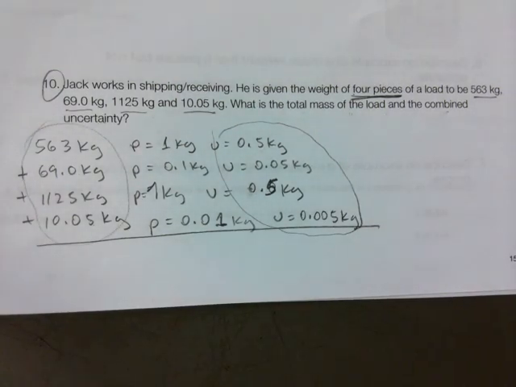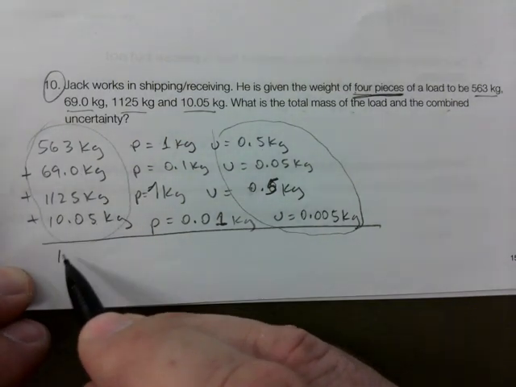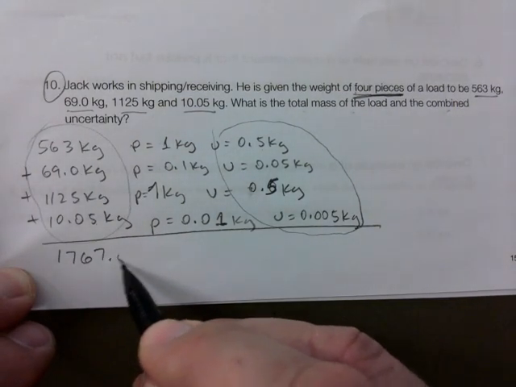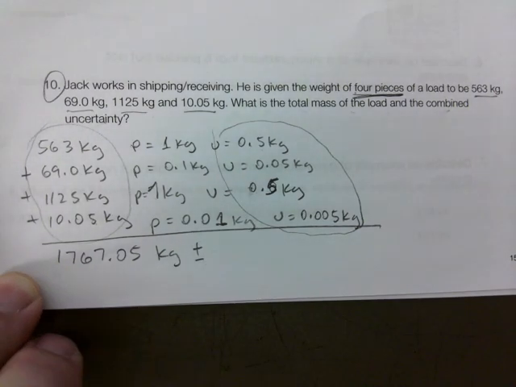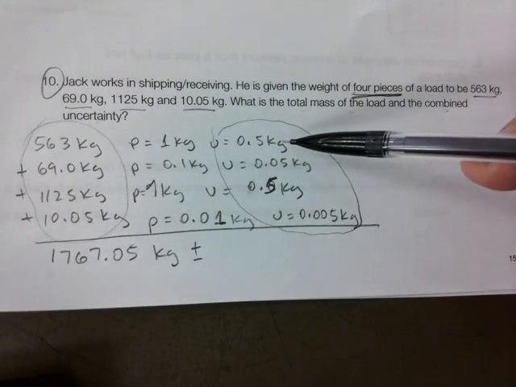I need a calculator for this one because I'm guaranteeing you that I'm going to get it wrong. So this is 1,767.05 kilograms, plus or minus. You have to be careful here. Very careful.